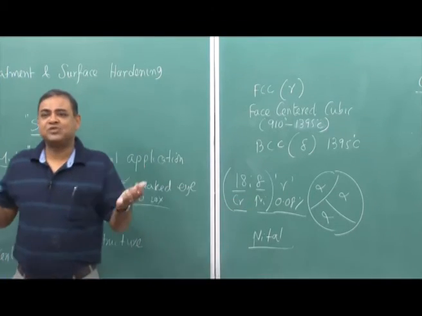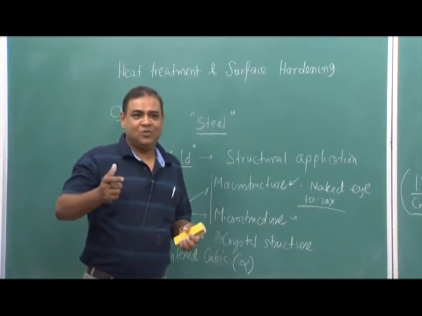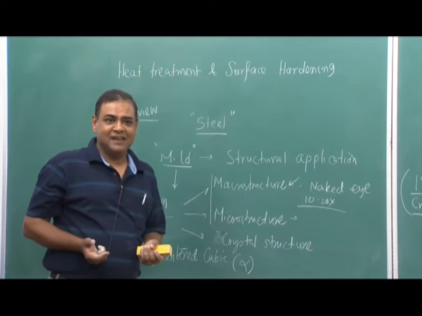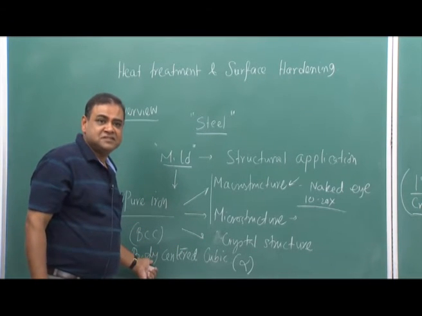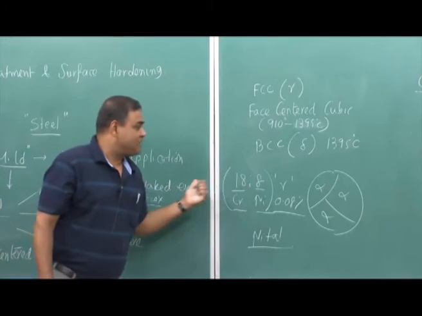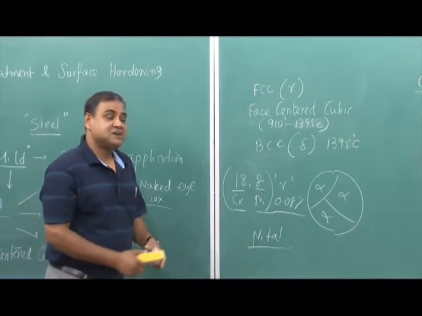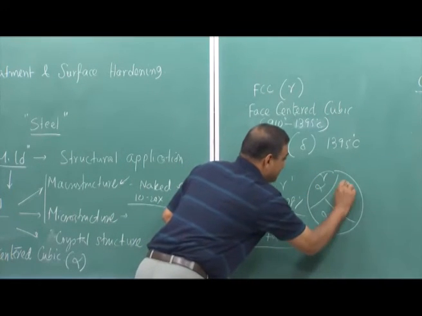That means, as we have said, if we change the composition, we can have a change in structures, that is, a change in crystal structures. And now, when we change the composition from alpha to gamma, the microstructure would be almost similar to this, only the grains will be gamma.